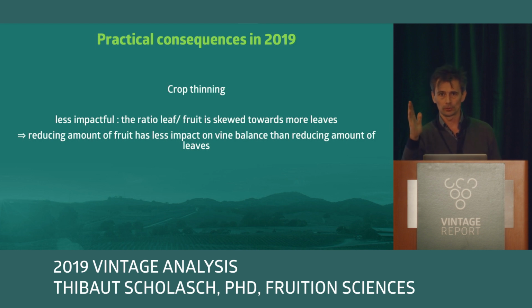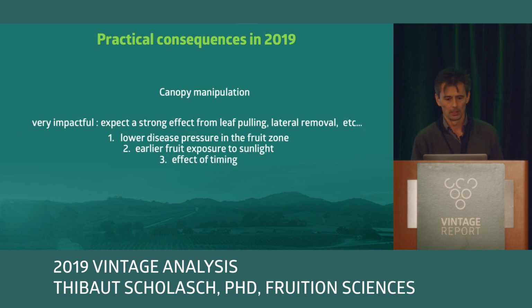That's simply because the ratio leaf to fruit is skewed towards more leaves. Reducing the amount of fruit has therefore less critical effect on the vine balance.